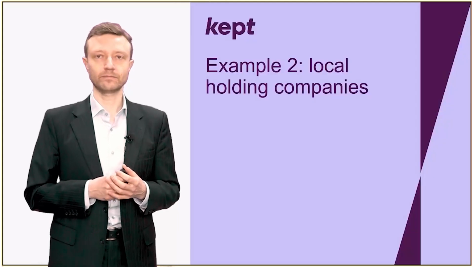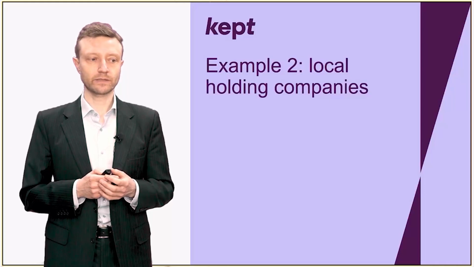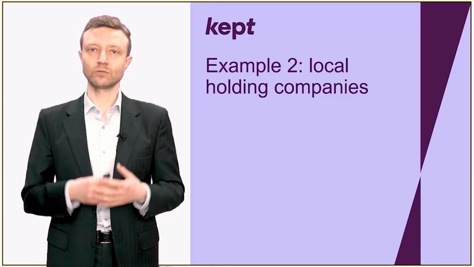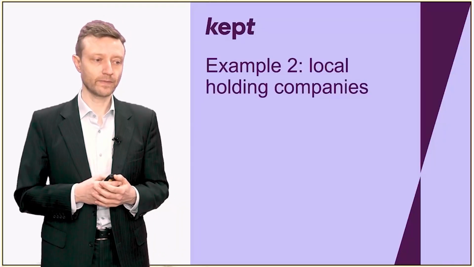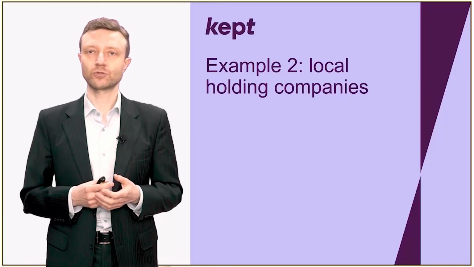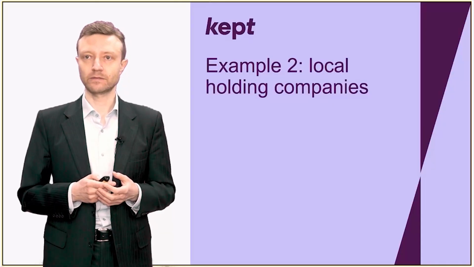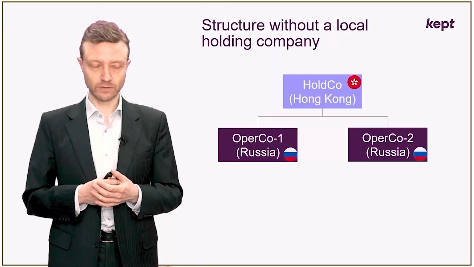Okay, let's move on to example 2, where we look at local holding companies as a tool, as a means to plan distribution of profits and to make sure that profits are taxed in an efficient manner in a given structure.